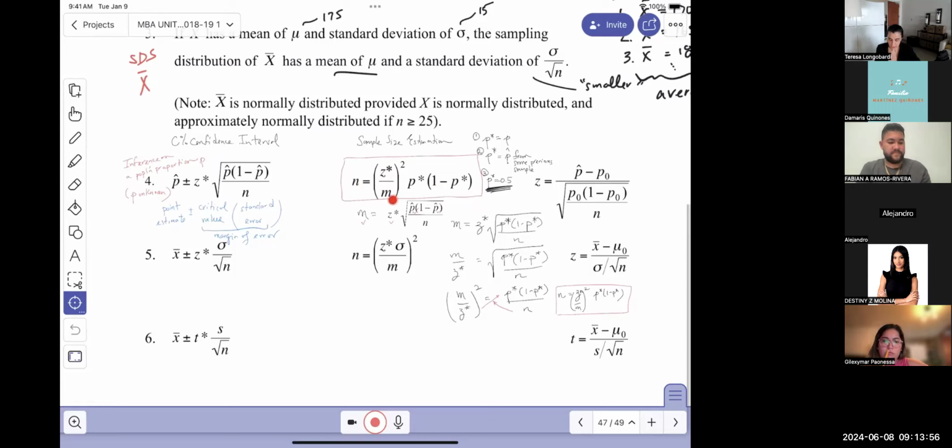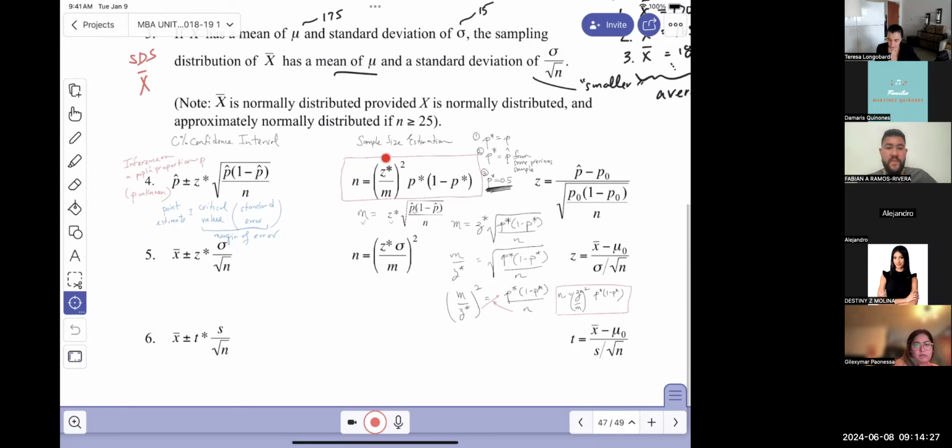And P is not exactly chosen, except that if you don't have a given value, or a result from a previous sample that you trust, you have to stick with P star equals 0.5. So the researcher will pick what they want these to be along some standard.